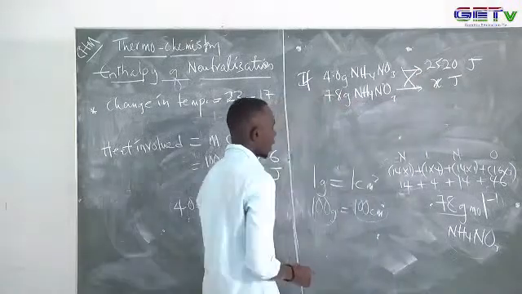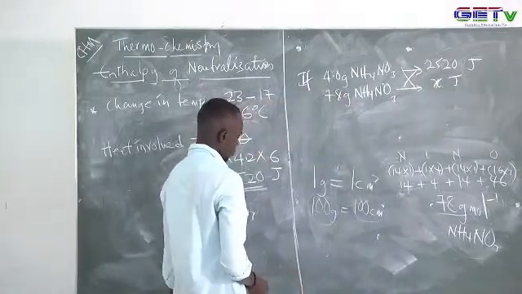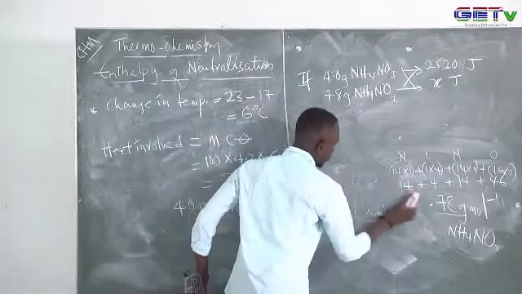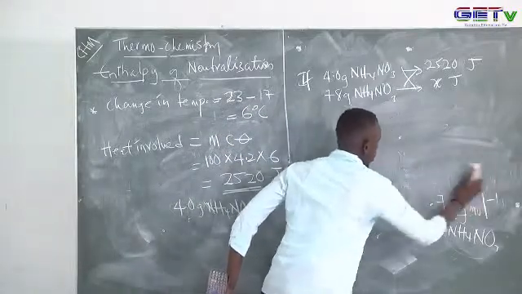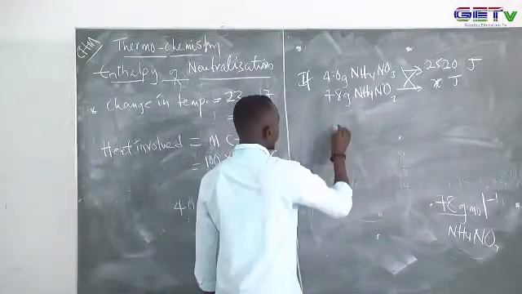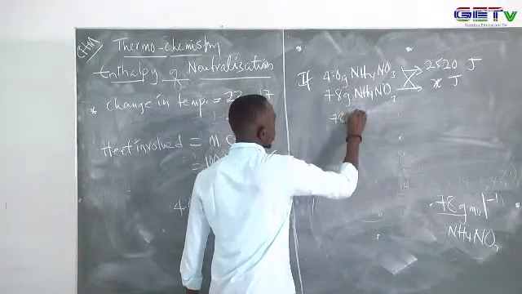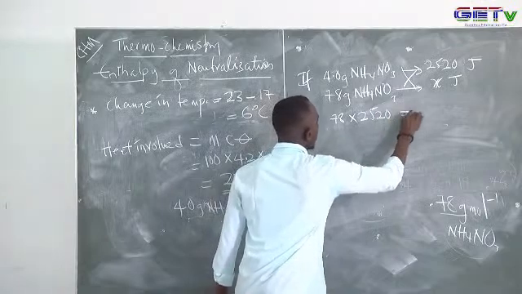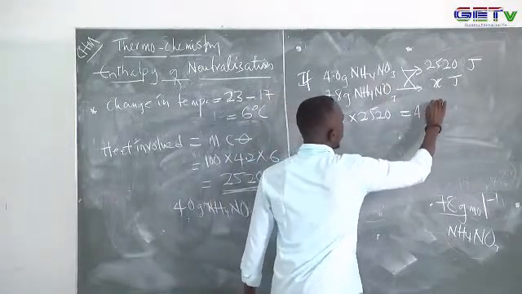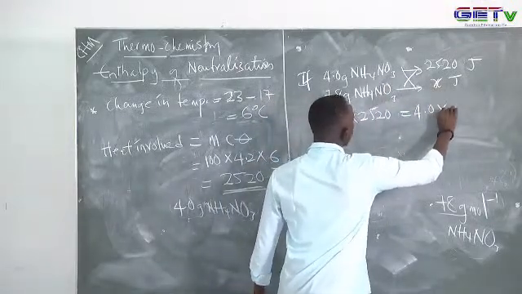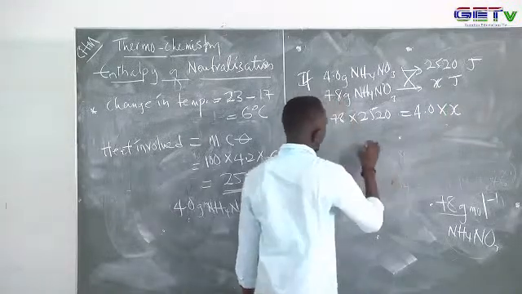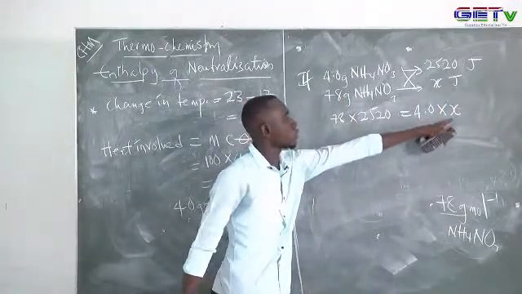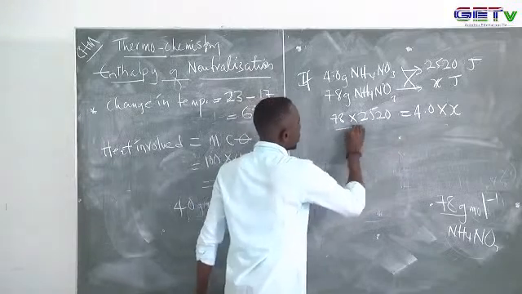We cross multiply from this end, and then we will have 78 times 2520 is equals to 4.0 times X. We make X the subject of the formula by what?